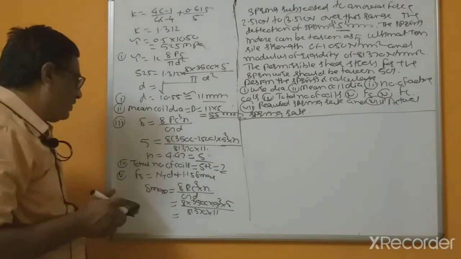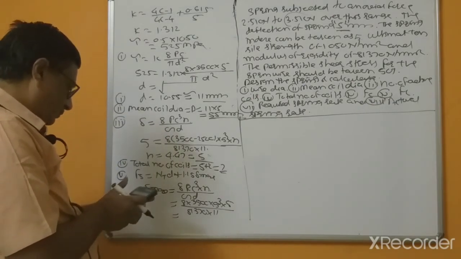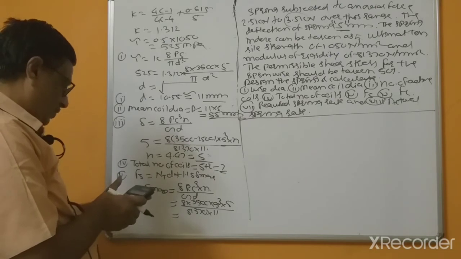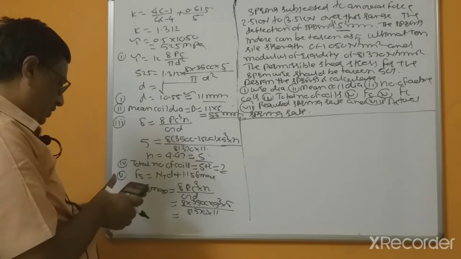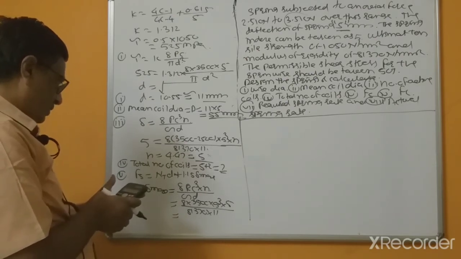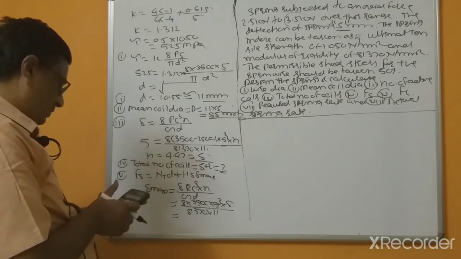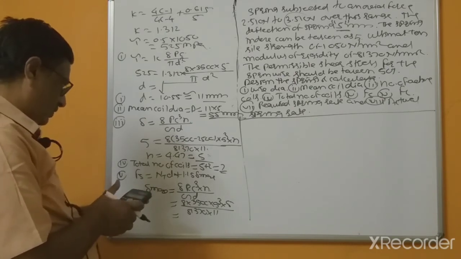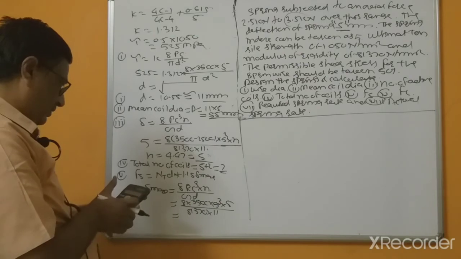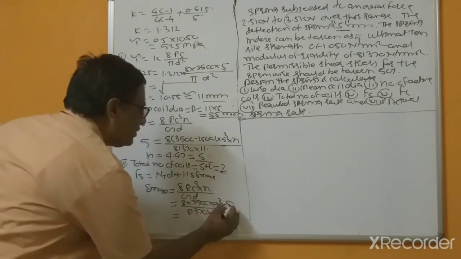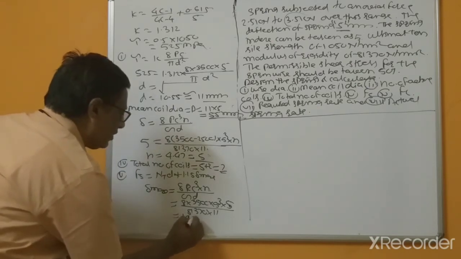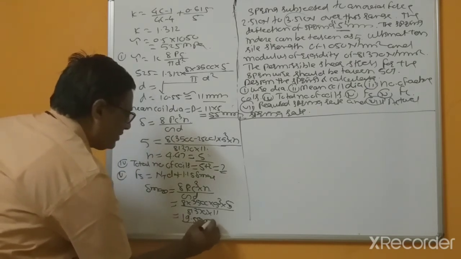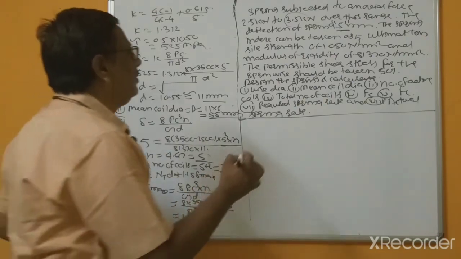So first we will calculate this delta max: 3500 into 5 cube multiplied by 8 multiplied by 5 divided by 81370 divided by 11. This is 19.55 mm delta max.